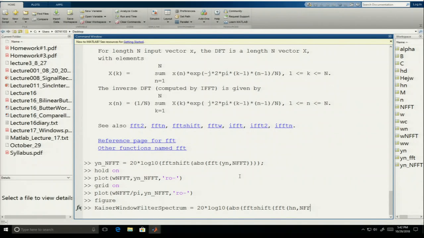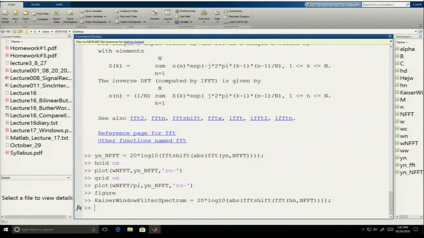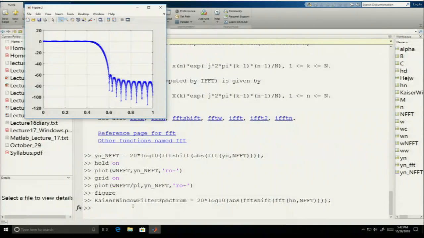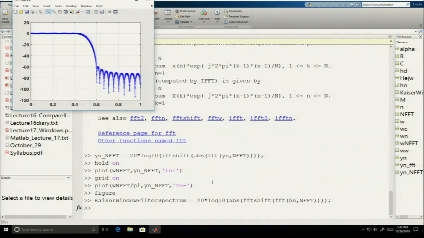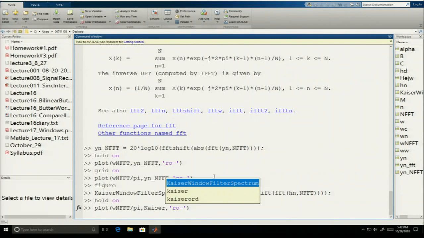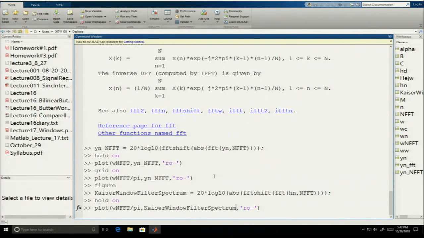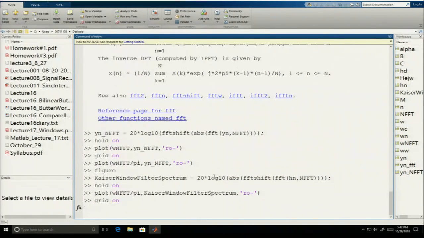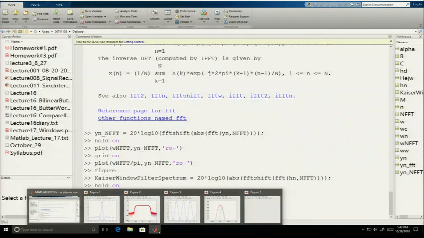And that was NFFT, right? Let's go back to our plot from MATLAB. Hold that on. And see, do we even close?